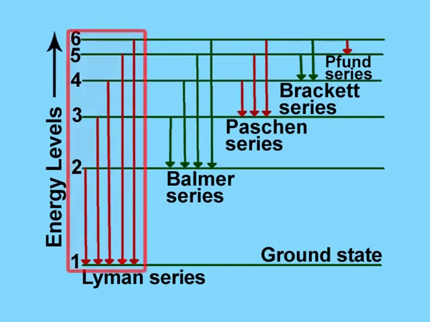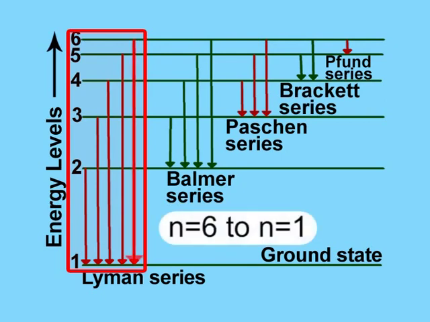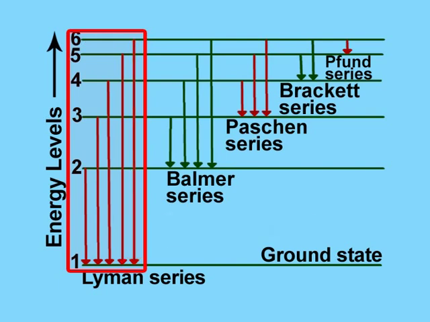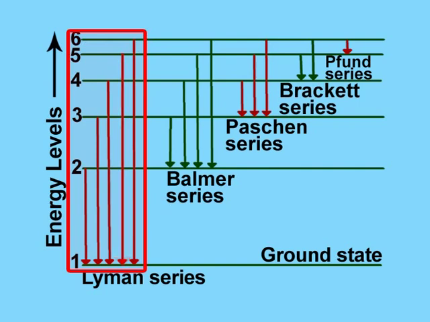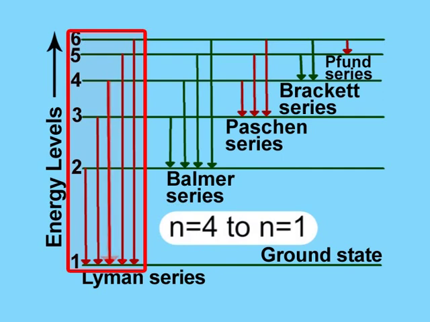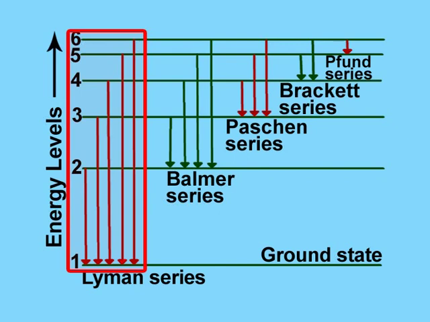This animation shows jumping of an electron from n equals 6 energy state to n equals 1 energy state, n equals 5 to n equals 1, n equals 4 to n equals 1, n equals 3 to n equals 1, n equals 2 to n equals 1 energy state. All these form Lyman series.